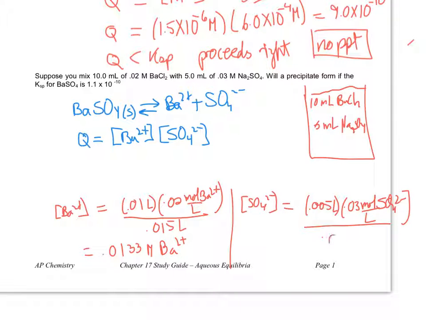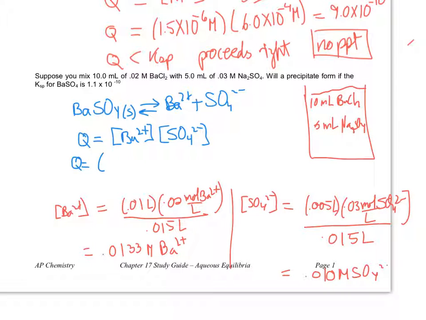And then divide that by 0.015 liters. Again, you could always do M1V1 equals M2V2. I get 0.010 molar of the sulfate.